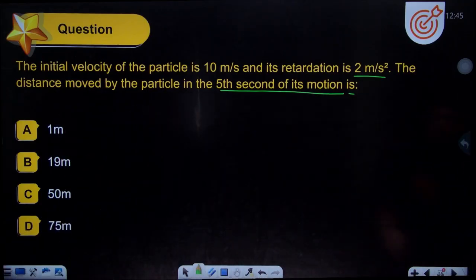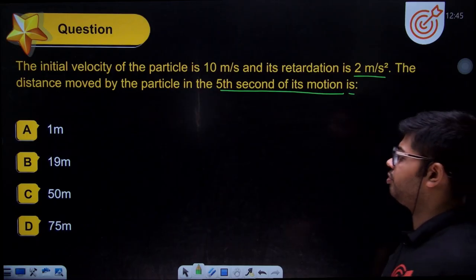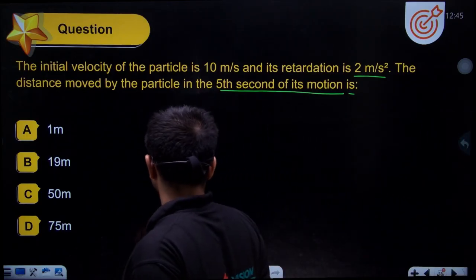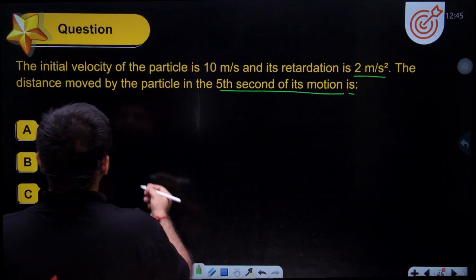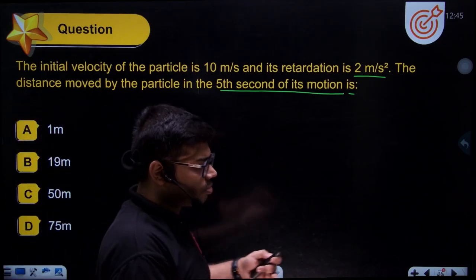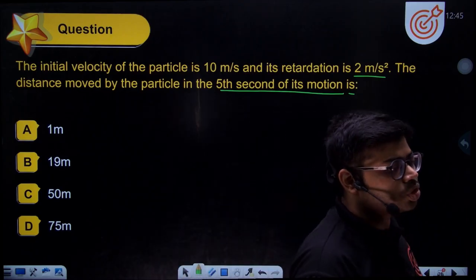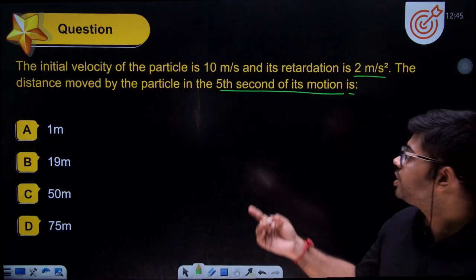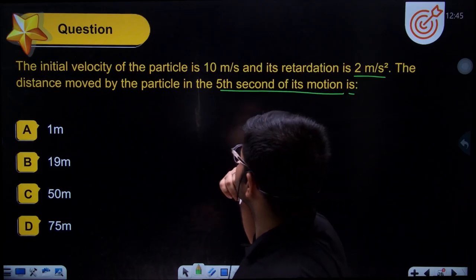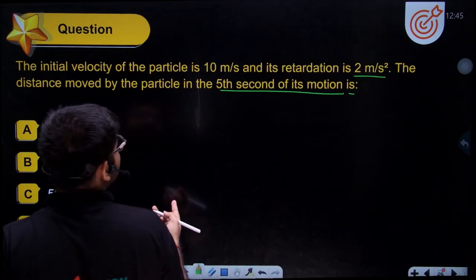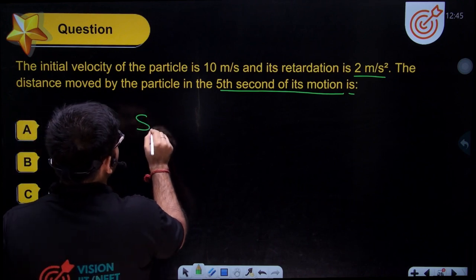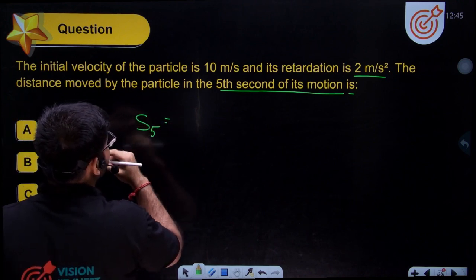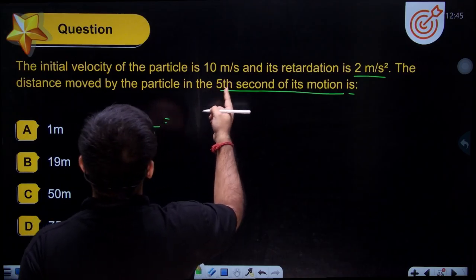Okay. So they want to find us. Okay. So we can take it by the approach of s is equal to ut. So if it is 5th second, so s is equal to ut plus half a t square.